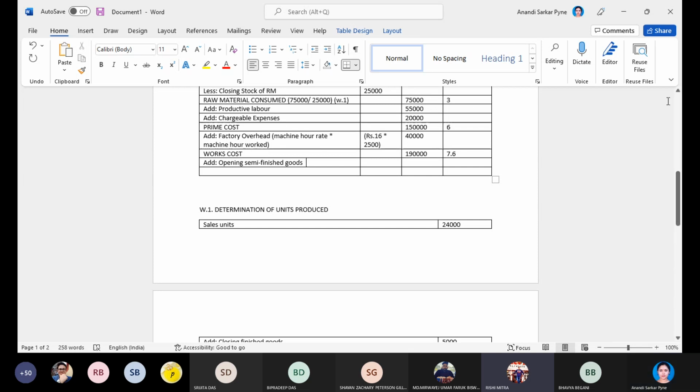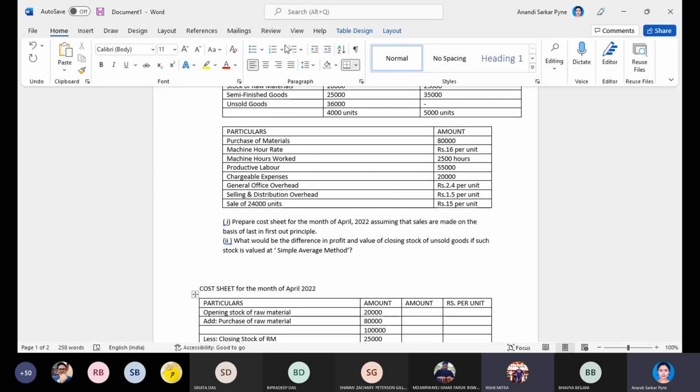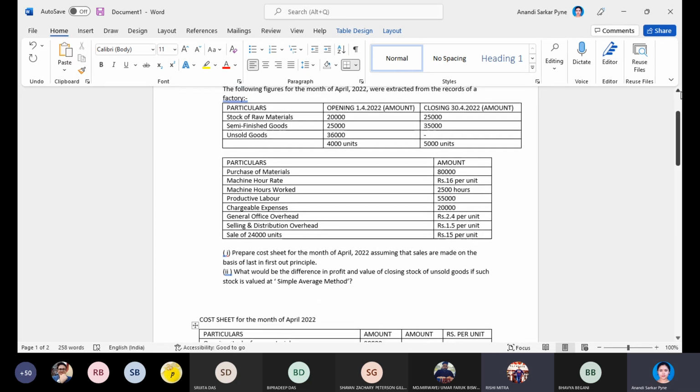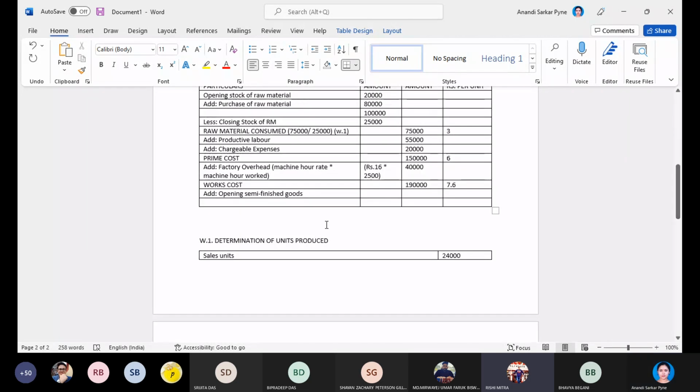So opening semi-finished goods is 25,000 as written, and the closing is 35,000 in amount. So 25,000 we will add. This 2,15,000.